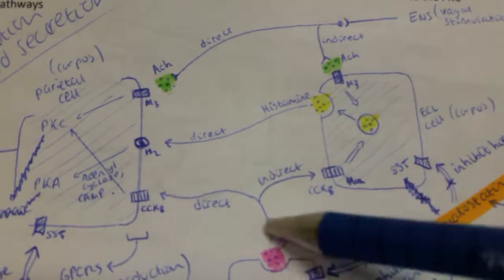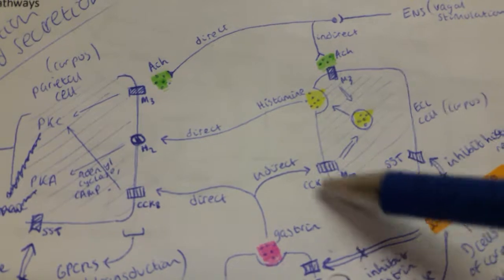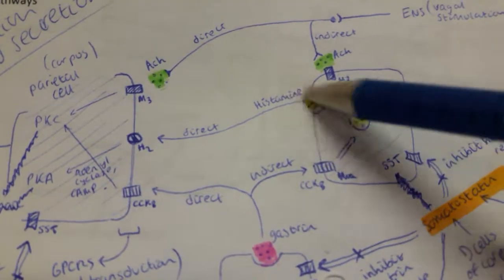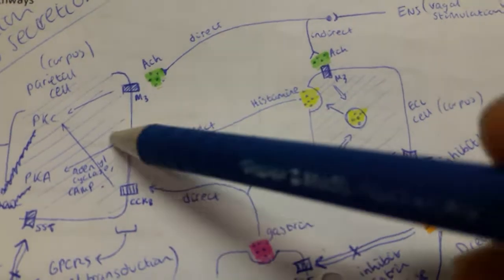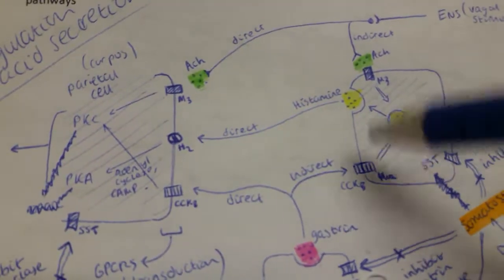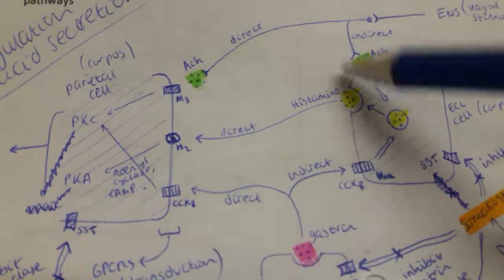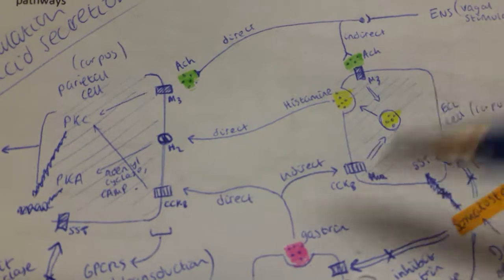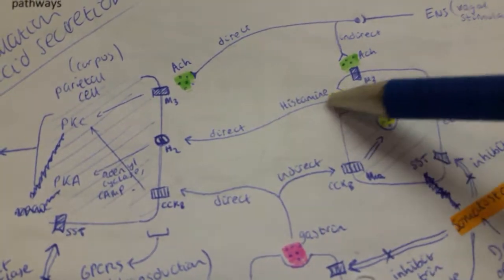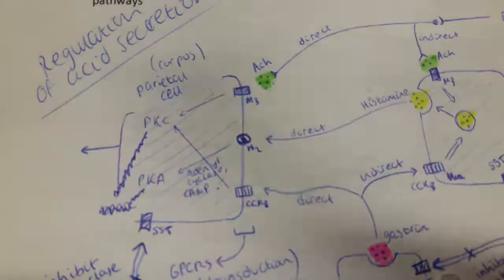Acetylcholine and gastrin act on the ECL cells, causing them to secrete more histamine, which then has a direct effect on the parietal cells. So parietal cell control is direct via histamine, acetylcholine, and gastrin, and also indirect via acetylcholine and gastrin, causing histamine-mediated parietal cell acid secretion.